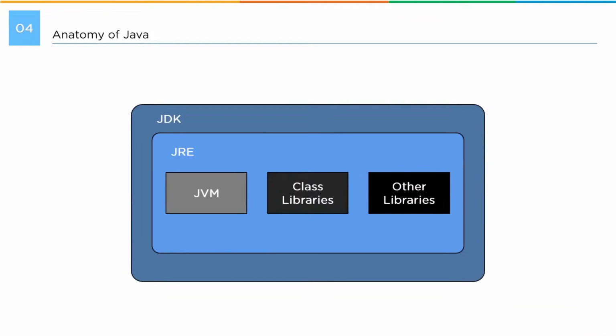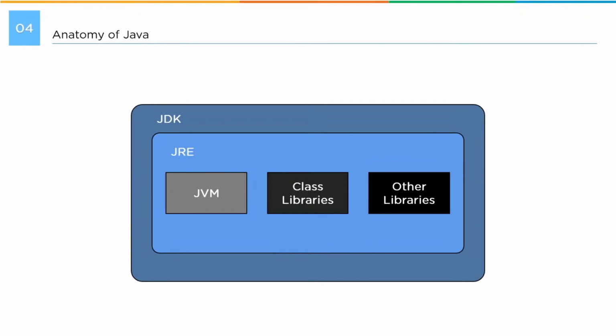Now let us spend some time to understand the anatomy of Java. Once you download and install Java on your local machine, you will hear the term JDK. Actually, we'll see that in the next lecture, that when you try to download Java, it will say JDK download. JDK stands for Java Development Kit. So the Java Development Kit is the installation of Java.